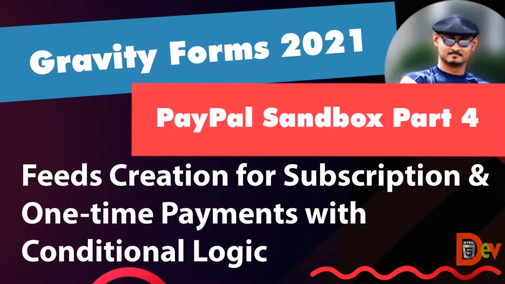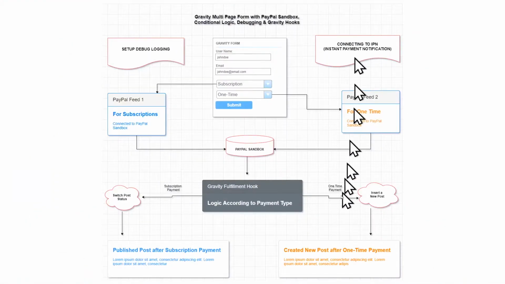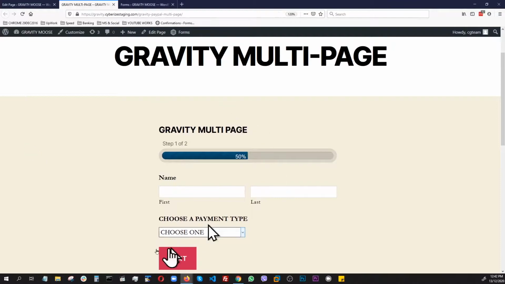Now let's have a quick overview. All right, we are back at our diagram. In the last video, we finished successfully creating our multi-page Gravity form with conditional logic, which is this guy right here.